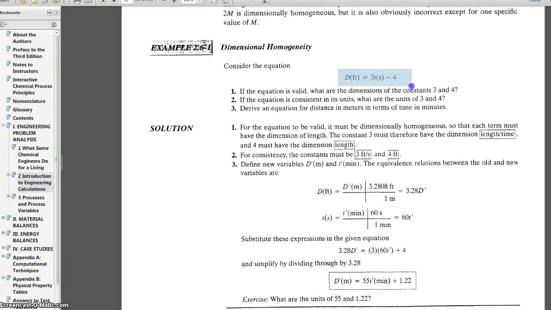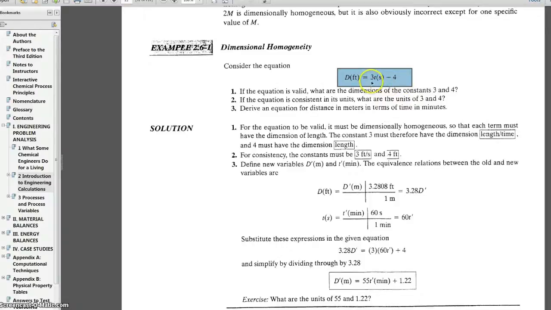The left side, which is d, is in feet, and it's equal to 3t minus 4. So, for the first question, for the equation to be valid, what are the dimensions of the constants 3 and 4?